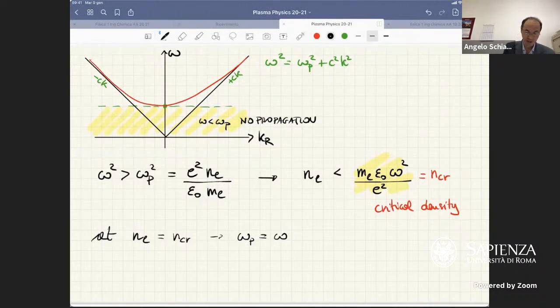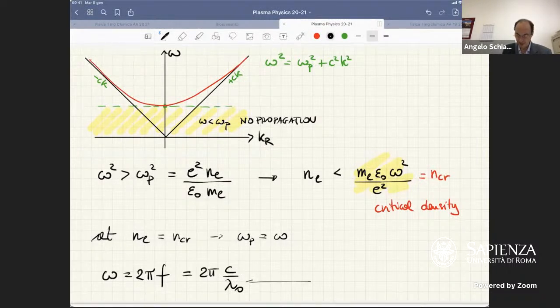So we can express the critical density as a function of the properties of the wave. So for instance, let's remember the relation between omega for a wave and the frequency and the wavelength. Omega for the wave is equal to 2 pi f, where f is the frequency of the wave, and we can express this as 2 pi c over lambda. And let's suppose that this is the lambda in vacuum.